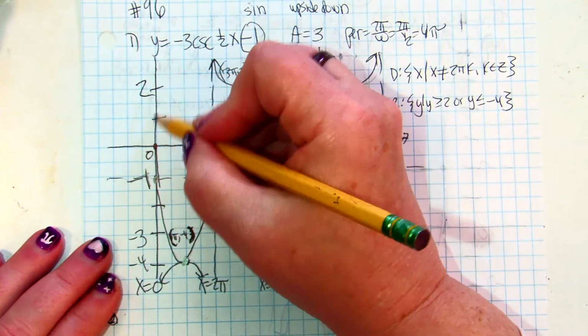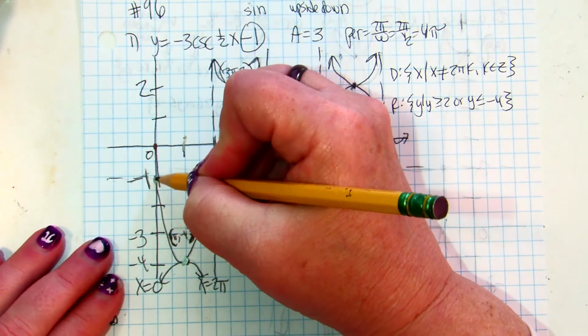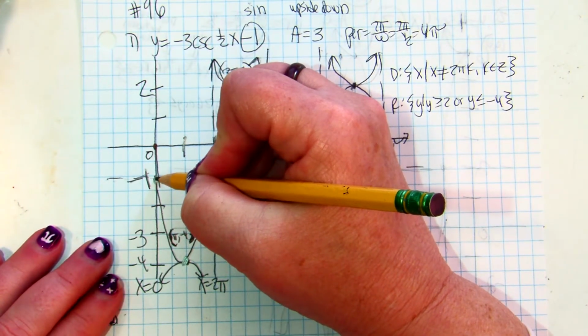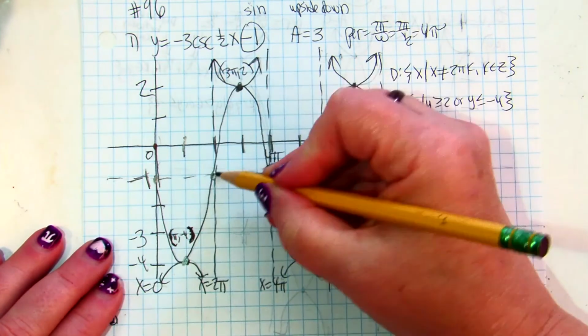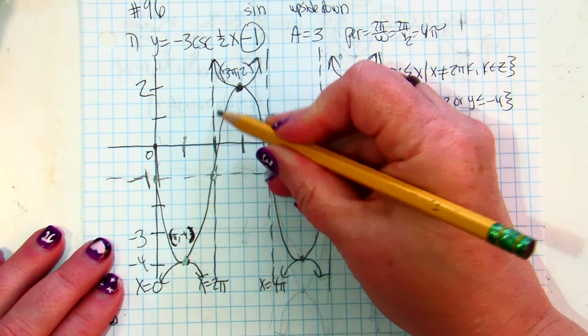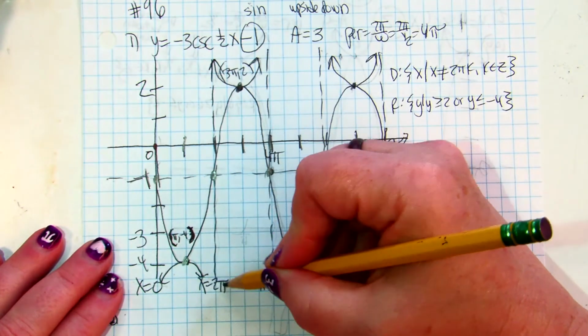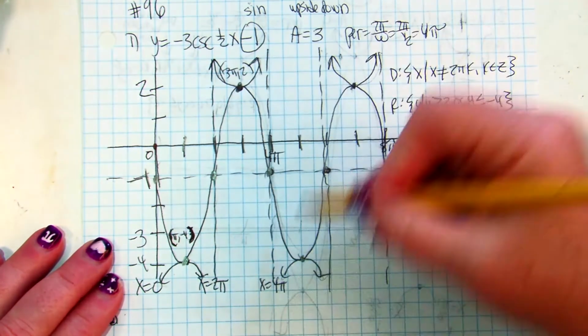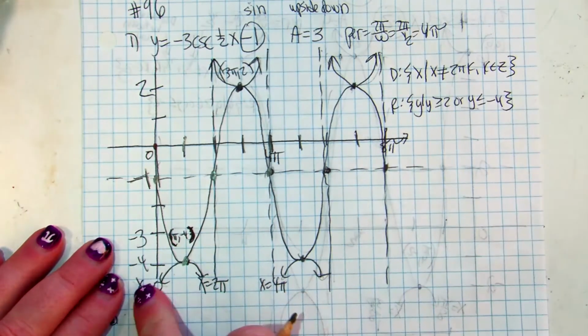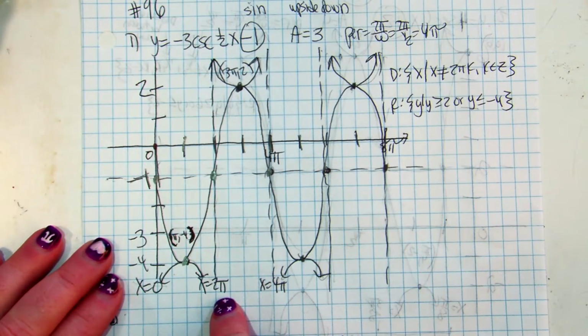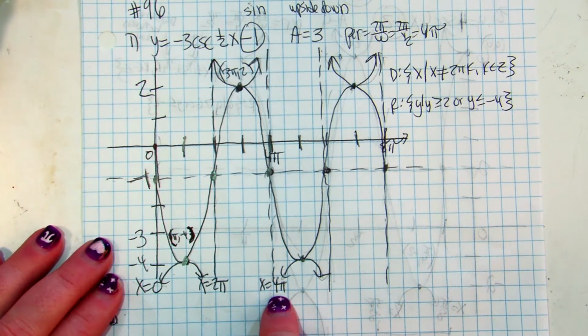Wherever there's a 0 on the negative 1 part, where it touches the negative 1, we draw an asymptote, x equals 0, right here. x equals 2 pi, x equals 4 pi, etc. We draw all of them, and you label some of them. x equals 0, x equals 2 pi, x equals 4 pi.